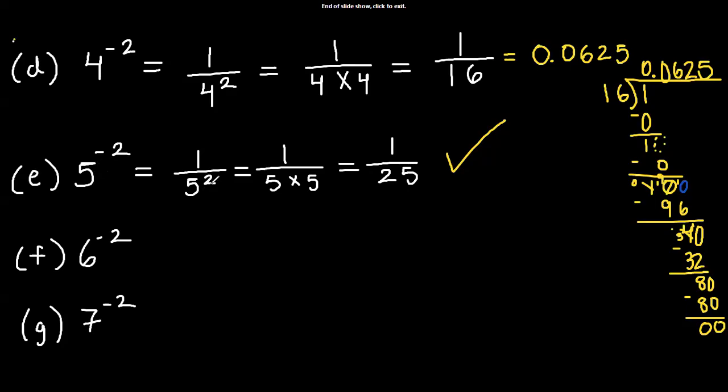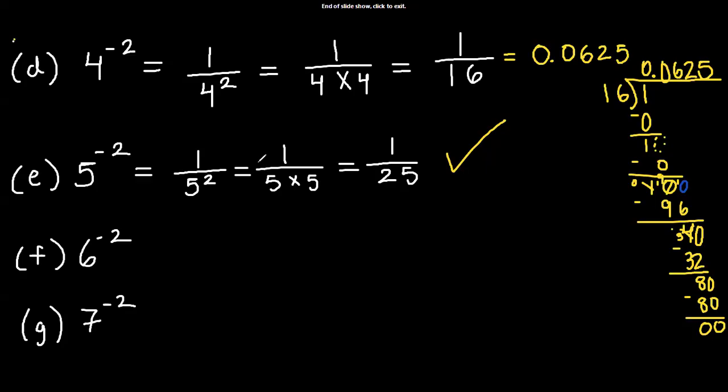What is 5 squared? 25. So it's going to be 1 over what? 25. Do you understand how I got 1/25?